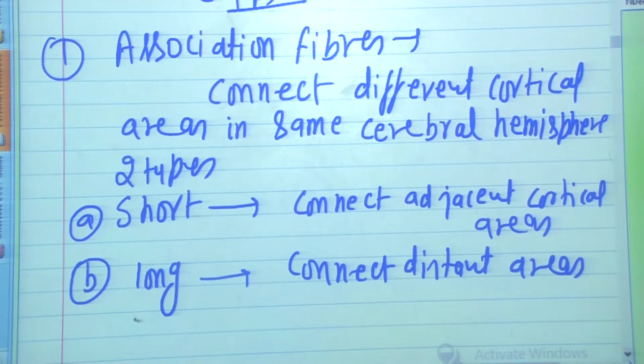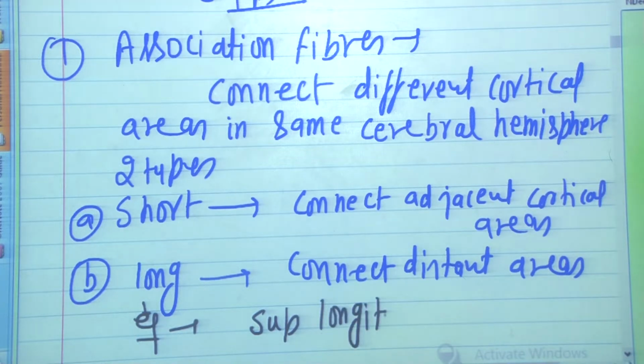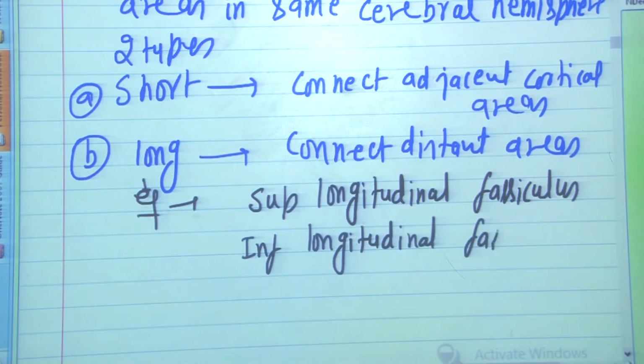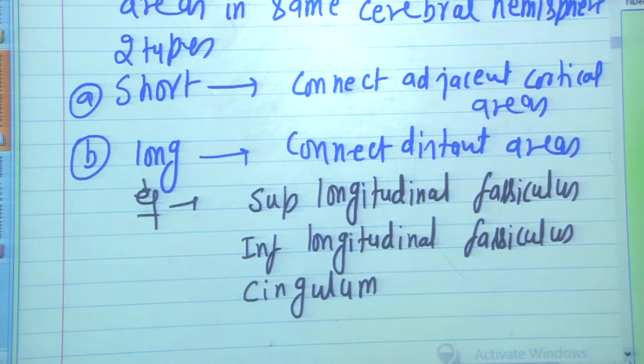Examples of long association fibers are superior longitudinal fasciculus, inferior longitudinal fasciculus, cingulum, and uncinate fasciculus.